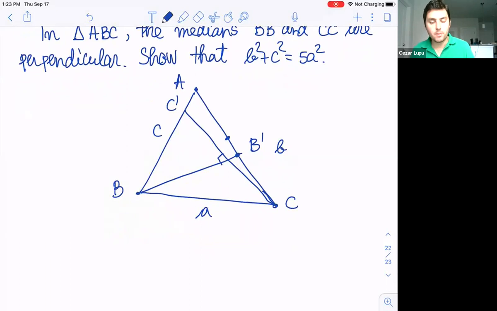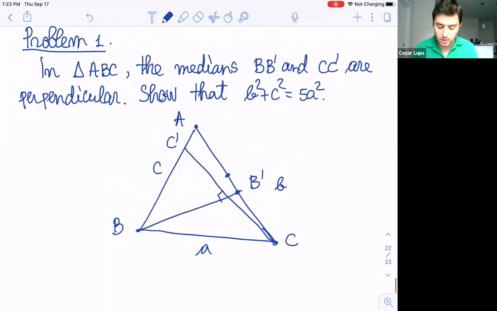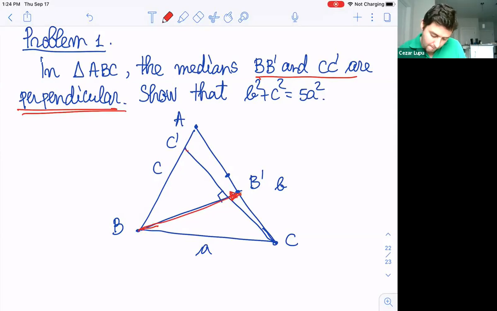Well, guess what? We apply the properties of the dot product. When you hear the word perpendicular, you always think of this. There was this property which follows immediately from the definition. If two vectors are perpendicular, what happens to their dot product? Exactly, their dot product is 0. In this case, my two vectors are BB' vector and CC' vector.